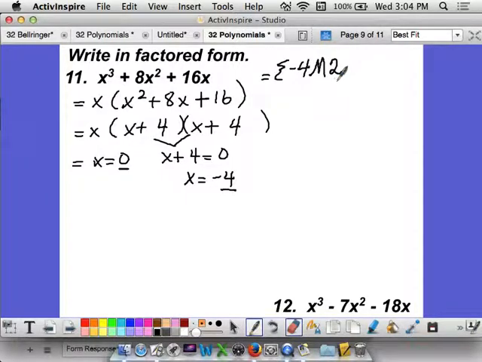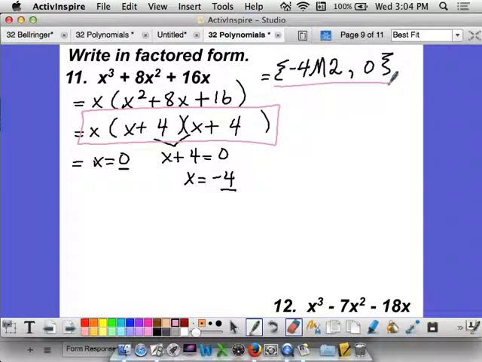So negative 4 has a multiplicity of 2. Before, if you'll remember, we called it a double root. And then 0 is also a zero in this problem. So if it says write this in factored form, you would leave it like this. If it says find the zeros, you would write it like this.